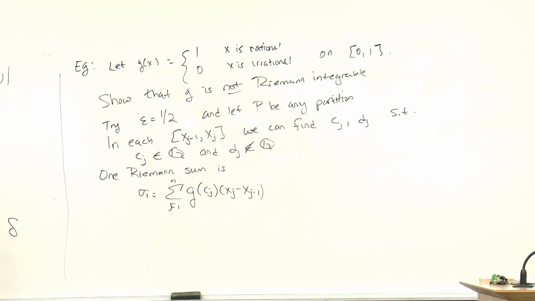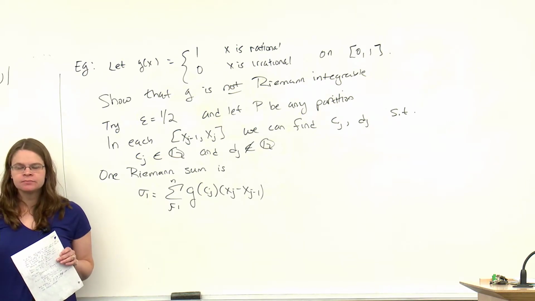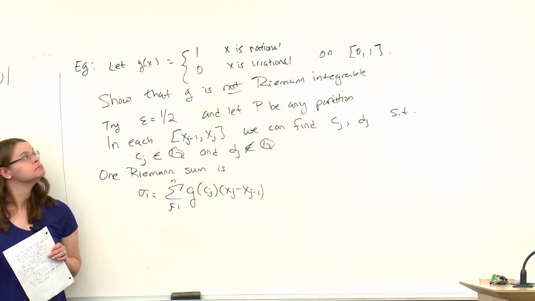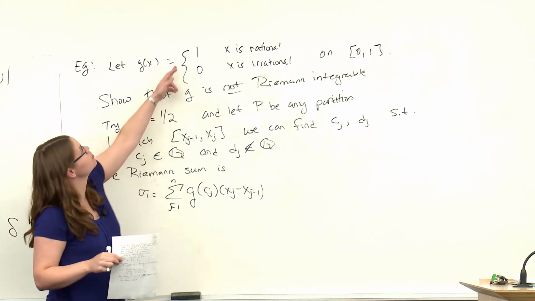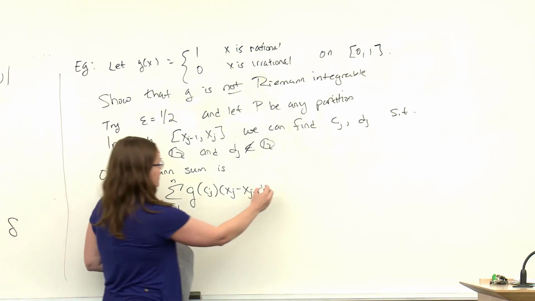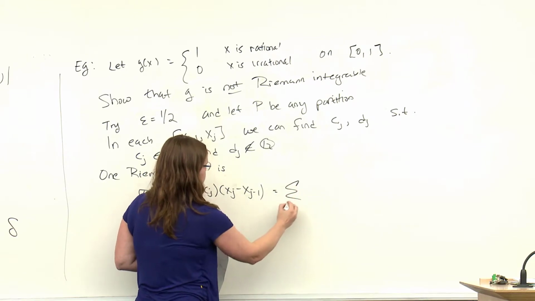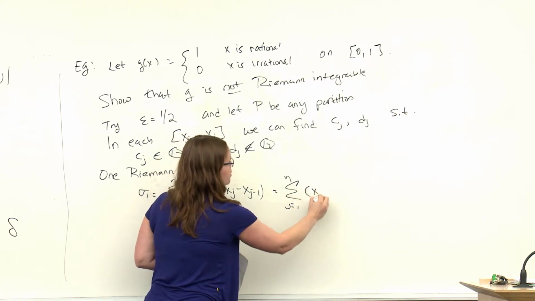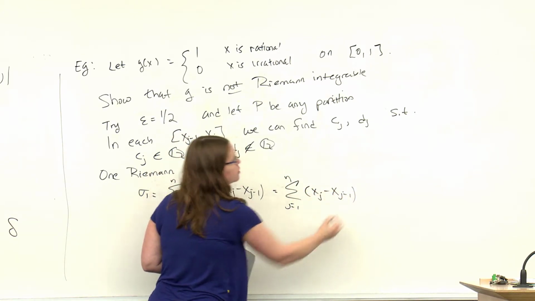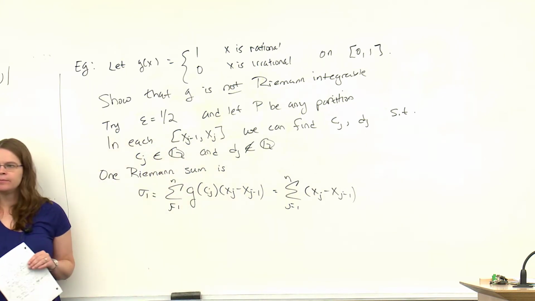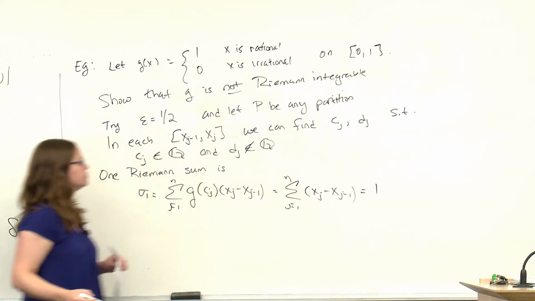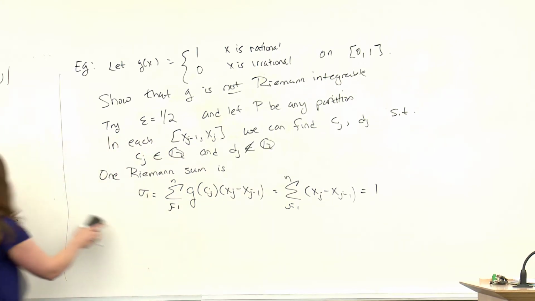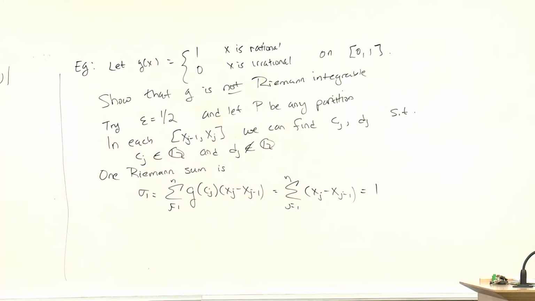All right, what is g of cj? cj is rational, so it's 1. So this is the sum of all these subintervals. We've seen this before: b minus a, which is 1 minus 0 in this case. So that's one choice of Riemann sum.